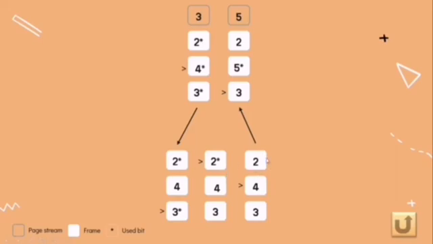Next, number 2 also loses its use bit, and the arrow pointer will point towards the second frame, which is number 4. And since number 4 here doesn't have the use bit, number 5 can replace it, and the result will become like this, which is 5 and the use bit in the second frame, and the arrow pointer will point towards the third frame, which is 3 here.